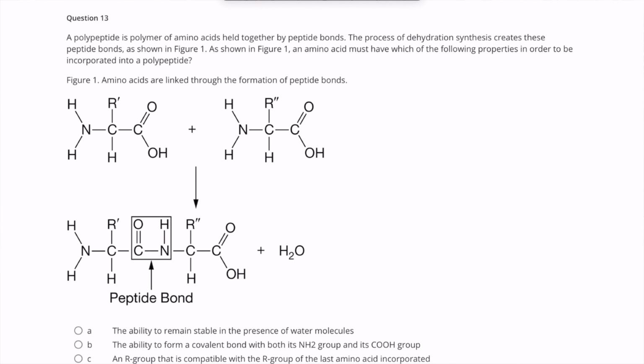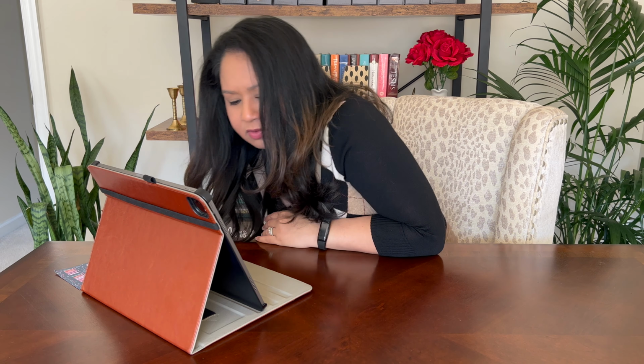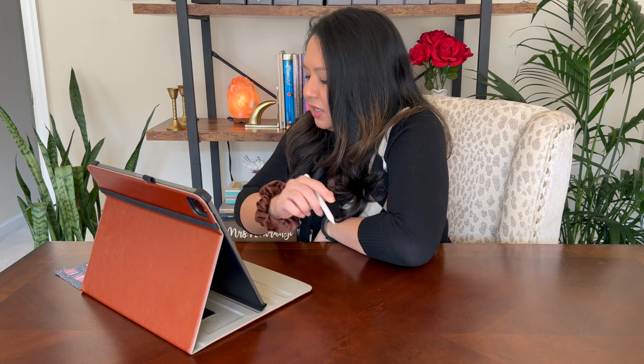So the first choice here is talking about the ability to remain stable in the presence of water molecules. That's not really a property that explains this at all. There must be a better one.